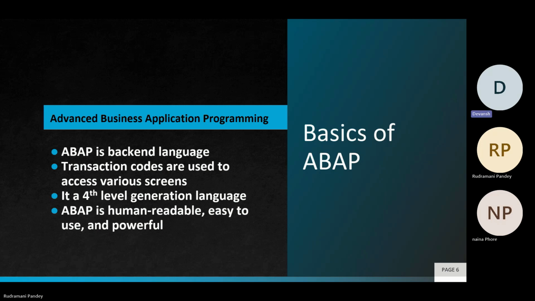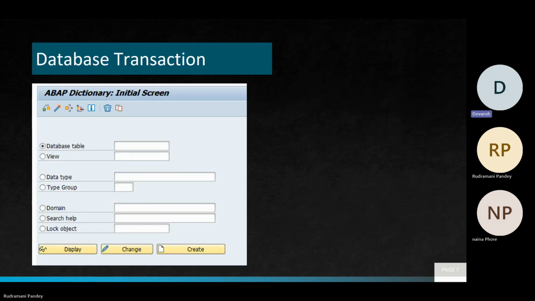Those transaction codes are used to perform different operations, and once you start learning ABAP, you will get the knowledge of those transaction codes. So ABAP is the programming language we are going to learn in this session, and it is used for any kind of development in SAP.